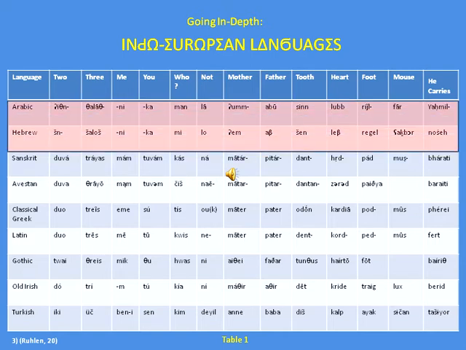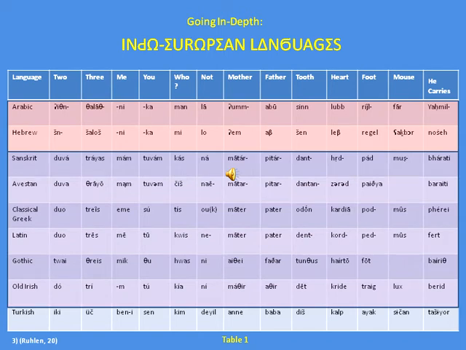Arabic with Hebrew as the first group; Sanskrit, Avestan, Classical Greek, Latin, Gothic, and Old Irish as the second group; and Turkish as an independent group. As you can see, these groupings of Indo-European languages share many roots that are quite similar, indicating common ancestry.